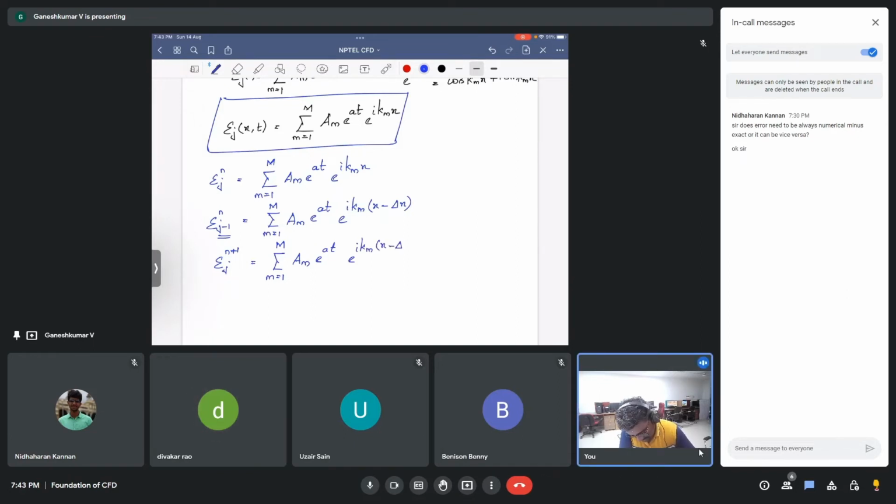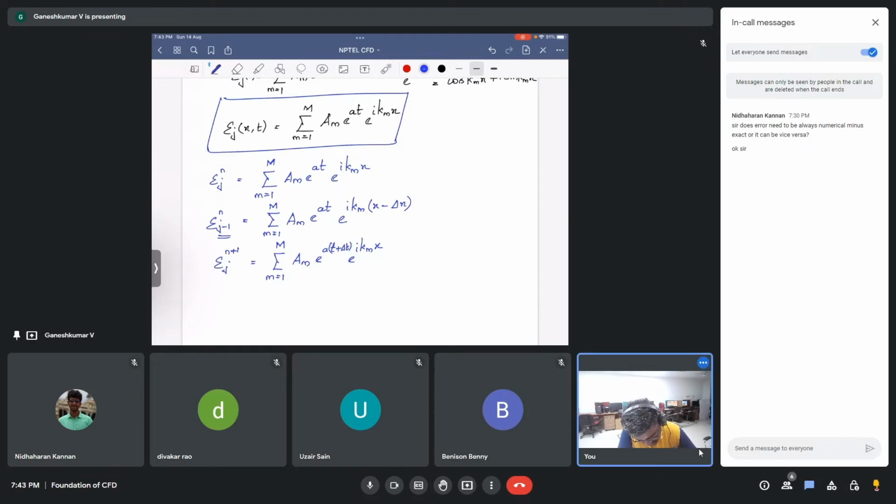No, this is at j only. So for j we need not change the x term, it would still be x, but it is at time n plus 1, so there is one time step. So we will put t plus delta t. This is how you will represent it for each and every node, for each and every time step.